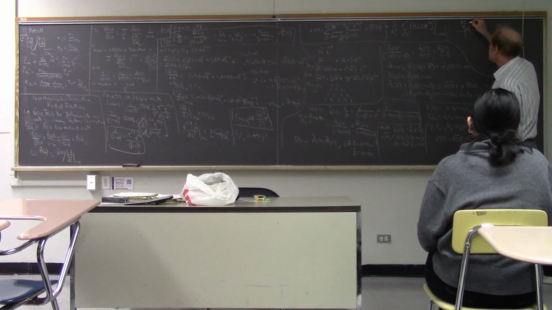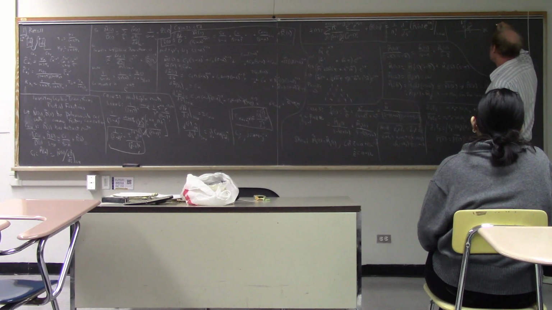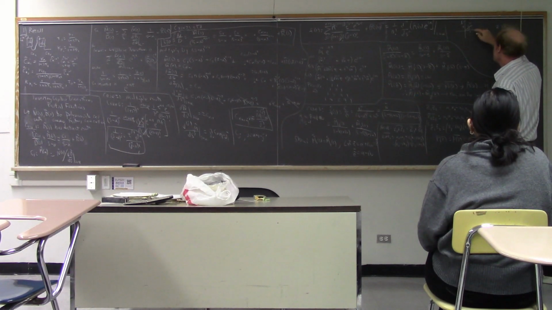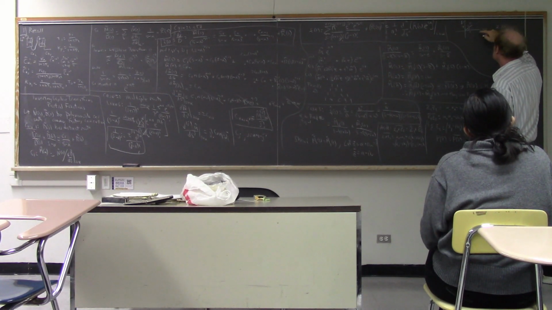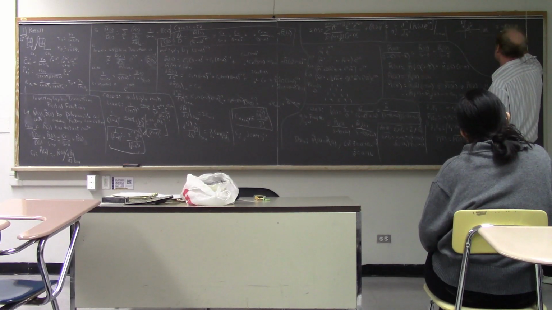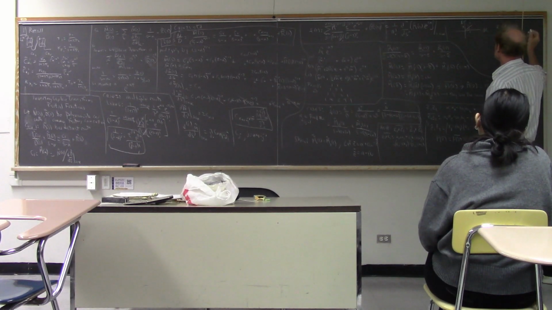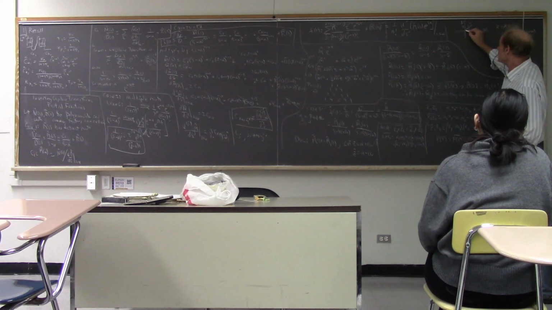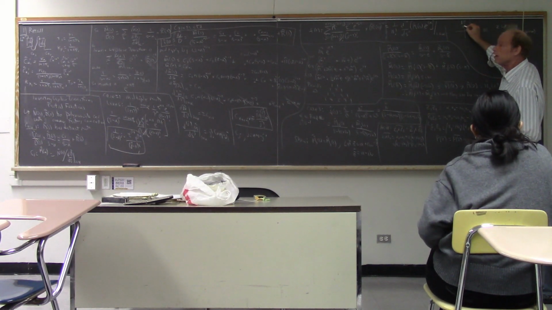So I can think of z, which has a magnitude r, as x plus iy. And x is r cosine theta, and y is r sine theta, because x is, I project this way, and y I project that way.